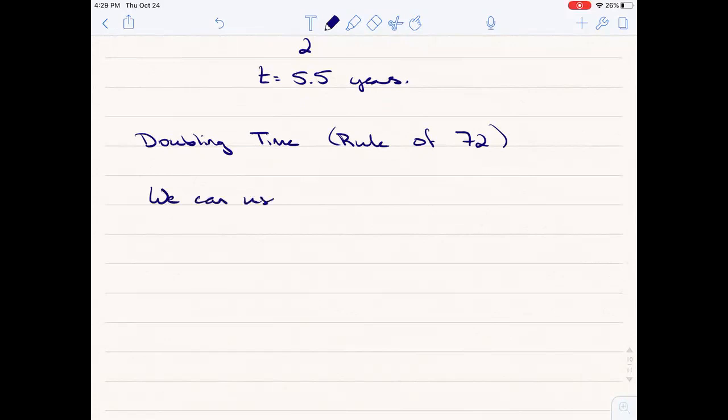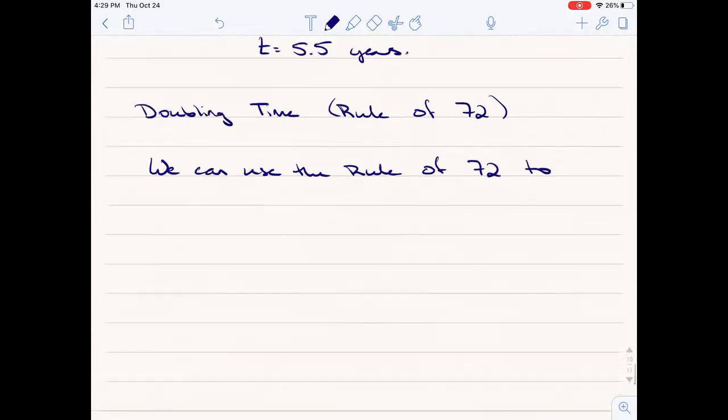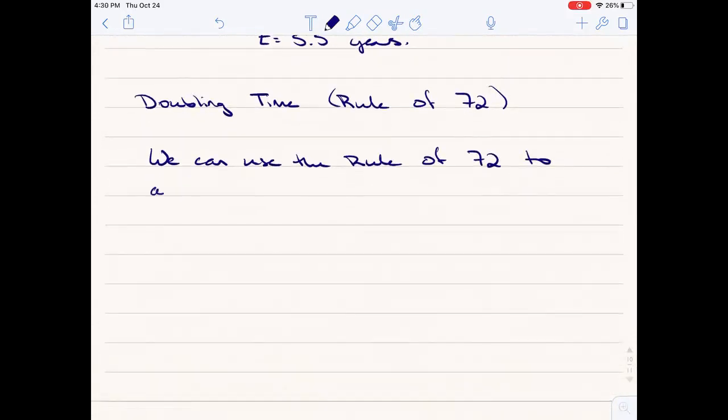We can use the rule of 72 to approximate, so it's not exact, but it is nice to get a quick estimate of how long things would take.